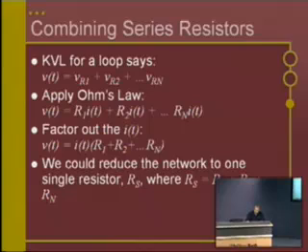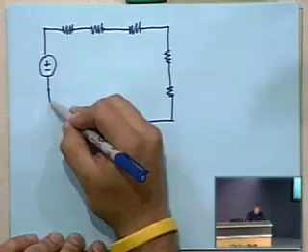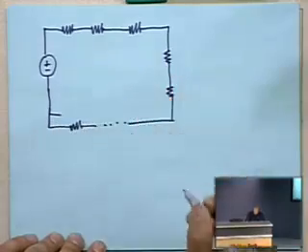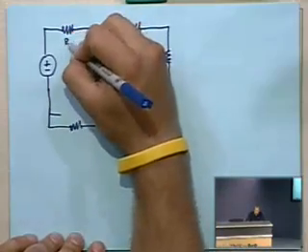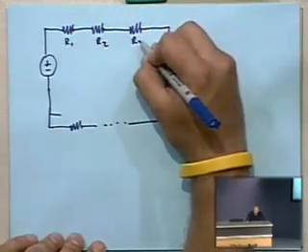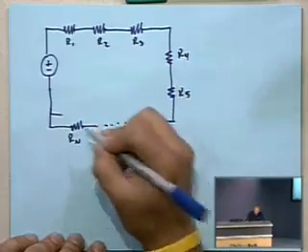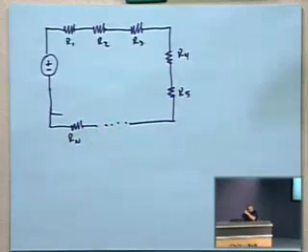This is a really big and very odd circuit, but we end up having a total of n resistors in this circuit. So this is R1, R2, R3, R4, R5, and so on until we get to Rn. So we've got n resistors in this circuit.